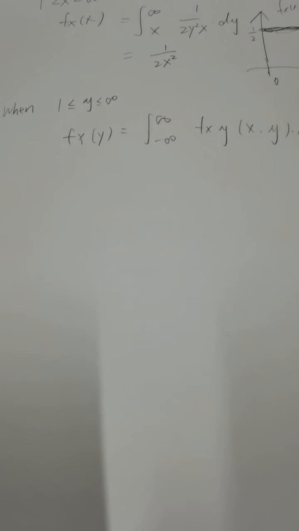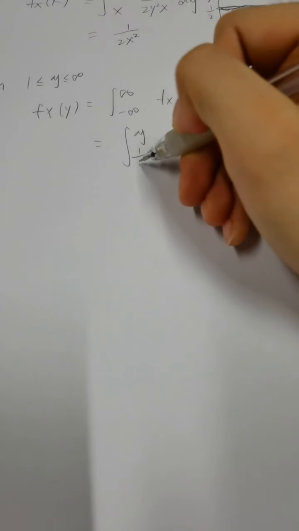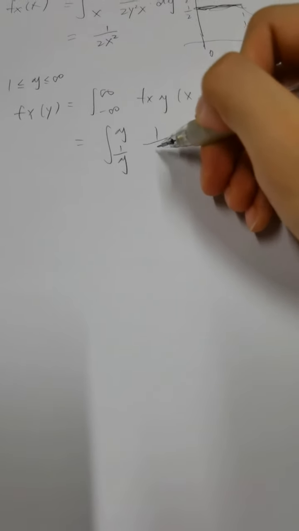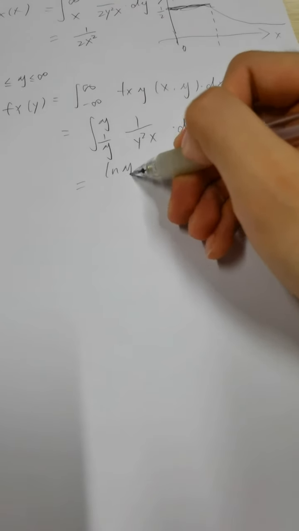So this is the formula to calculate the marginal density function of fy, which is equal to the integral of 1 over y squared x times dx. This value was already given to us from the question. And taking the integral is equal to this part.